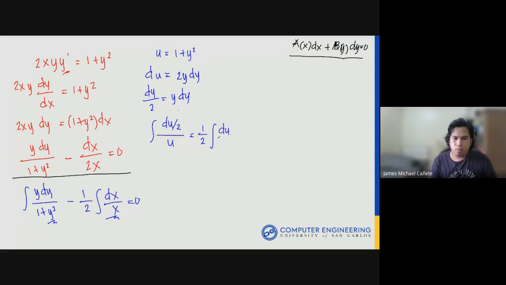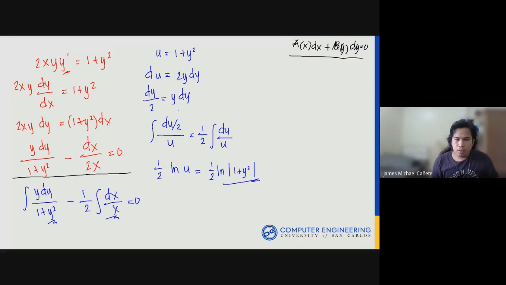Integral of du over u, which is 1/2 ln of u, which then becomes 1/2 ln of 1 plus y squared.